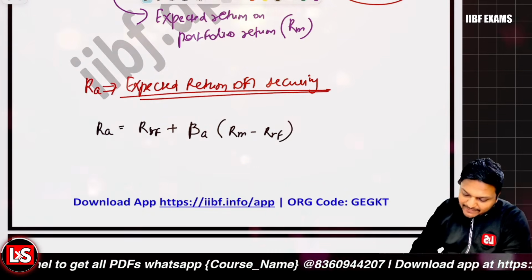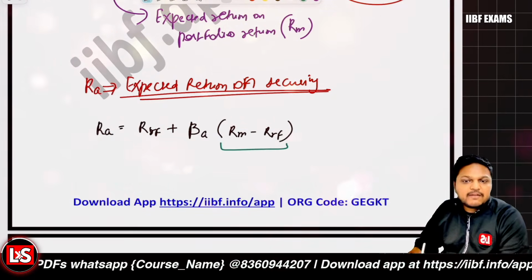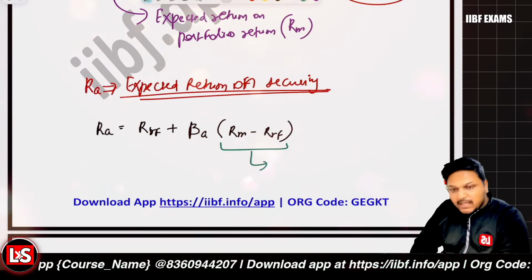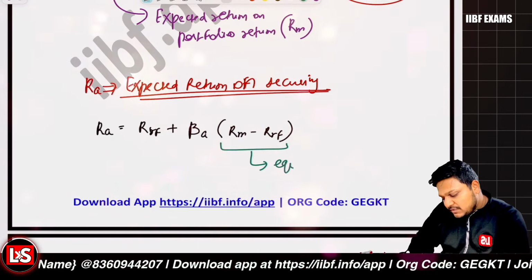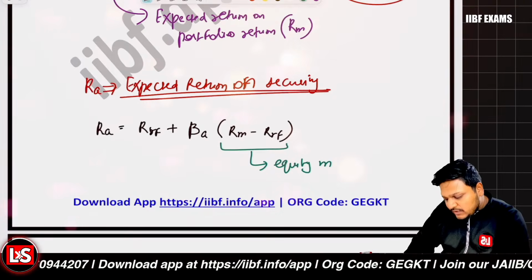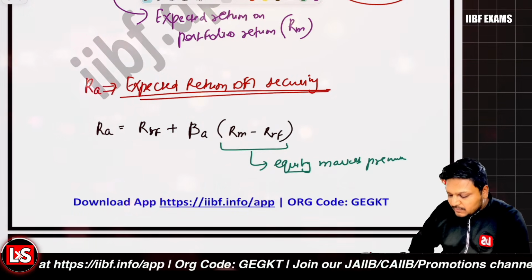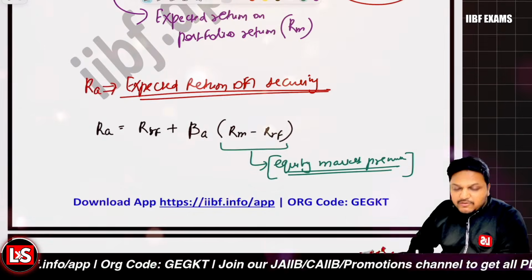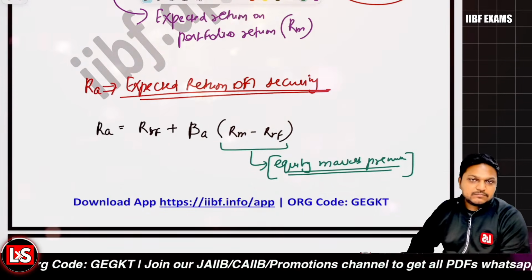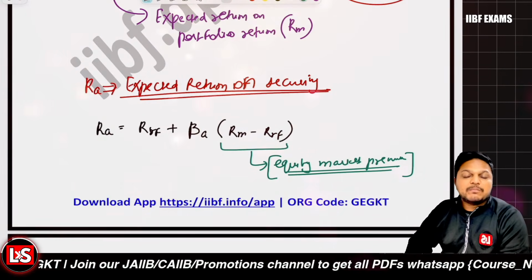So this factor, RM minus RRF, is the equity market premium. The premium that we have to pay above the risk-free return, right? That is the equity market premium.